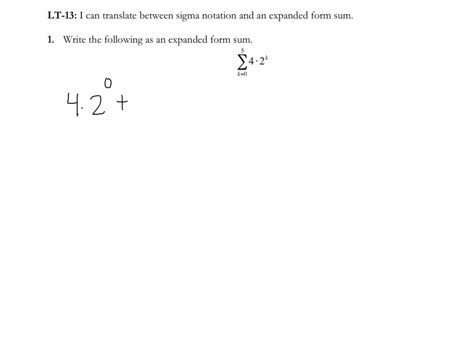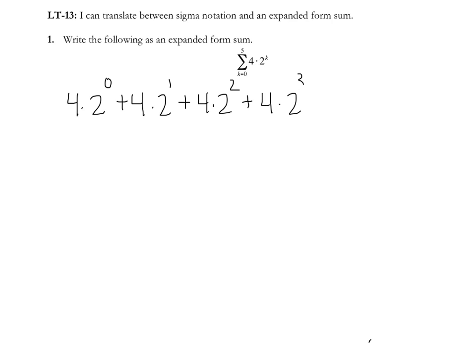Next, we plug in the next k value. We started at 0, now we go up to 1. So 4 times 2 to the 1. Then we go to the next k value, which is 2. Plug in 4 times 2 squared. Then we plug in the next k value, which is 3.